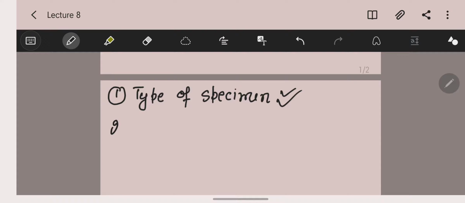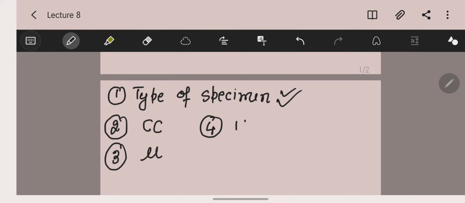Now, after finding the type of specimen, we can find the carrier concentration inside the specimen. After getting the carrier concentration, we can find the mobility of the charge carriers inside the specimen, and we can also find the magnetic field intensity H, because H is directly proportional to B. We know already that magnetic field intensity H is directly proportional to the magnetic flux density.